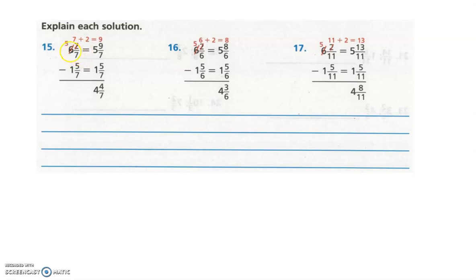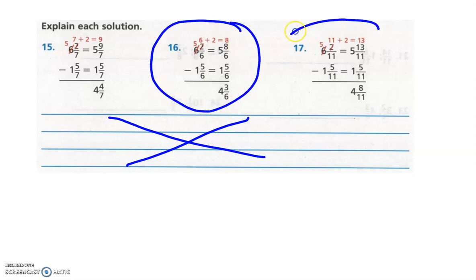So rather than this being 6 2/7 minus 1 5/7, they changed this 6 2/7 by borrowing to make that a 5. Then they added 7/7 to your 2, so that then became 5 9/7. Then they were able to do 9 minus 5 is 4, your 7ths stayed the same, and 5 minus 1 was 4. So don't feel like you have to write an explanation here, but maybe take a look to see how they went ahead and solved those two problems.